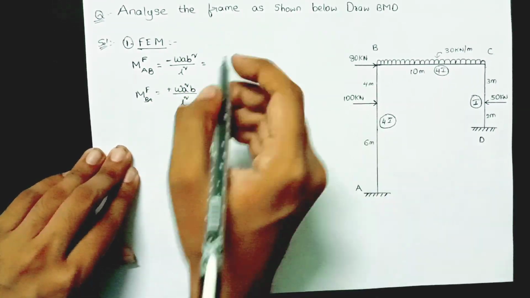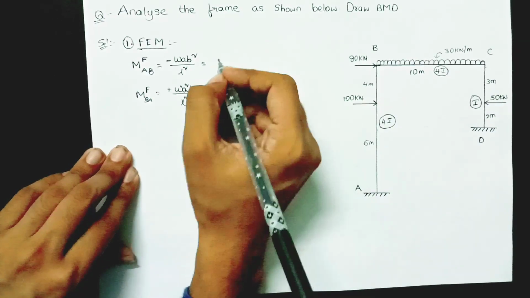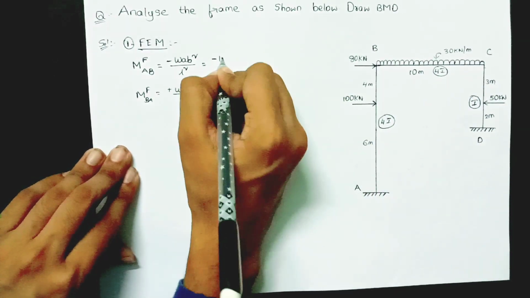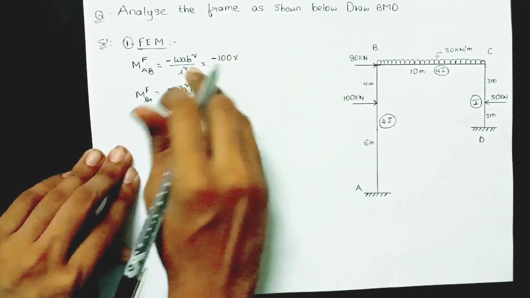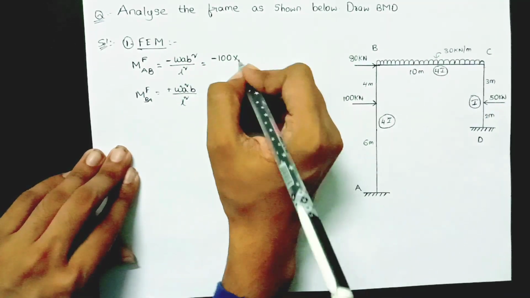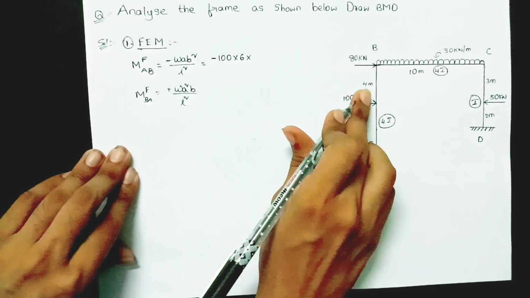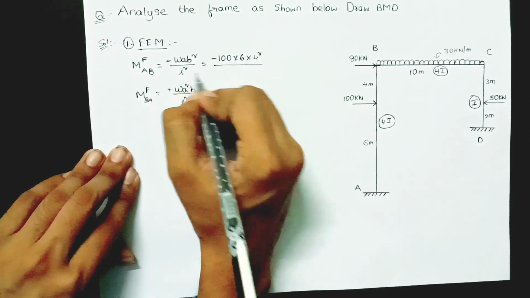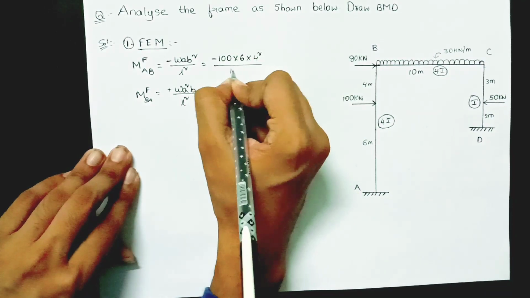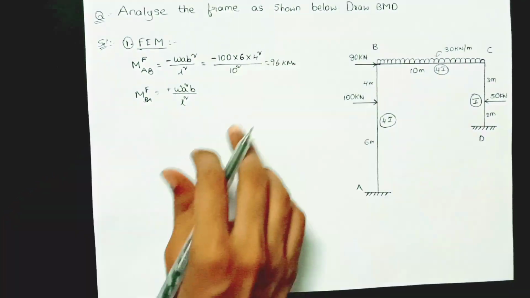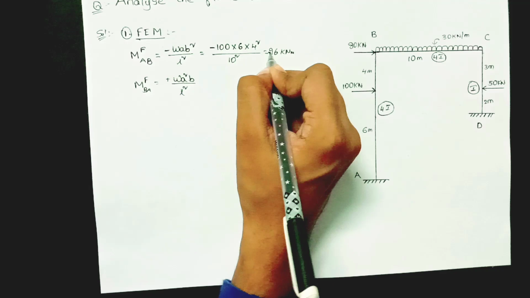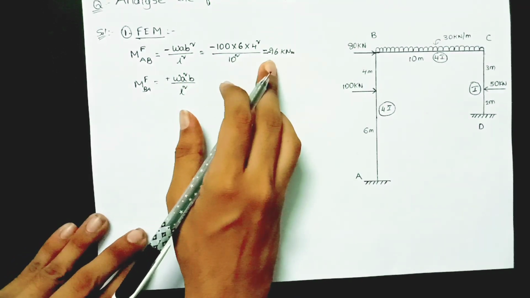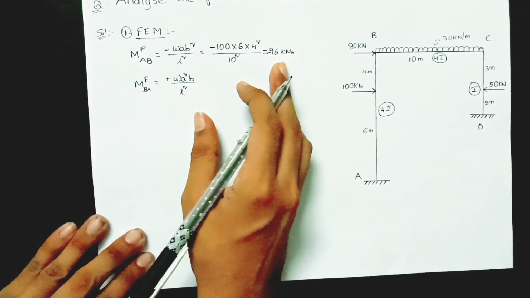W is 100 kilonewton. A is 6 meters, B is 4 meters, so 100 into 6 into 4 square divided by L square, where the length is 10 meters. The value is minus 96, so finally the value is minus 96 kilonewton meter.